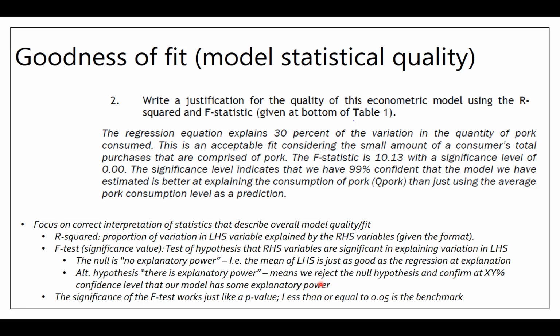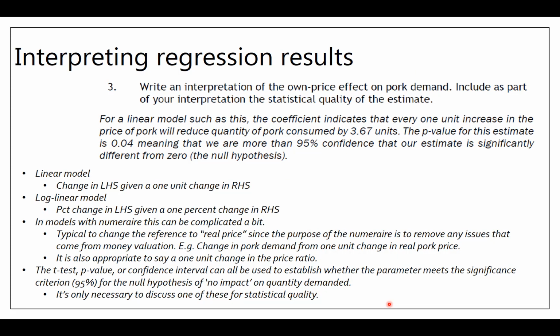We have enough statistically to say that we are 95% confident in our model having some positive measure of explanatory power. And then remember, there's this F-test with a significance value. That significance of the F-test is just like a p-value. So you can use the benchmark of 0.05, and that's equivalent to saying 95% confidence. Okay.